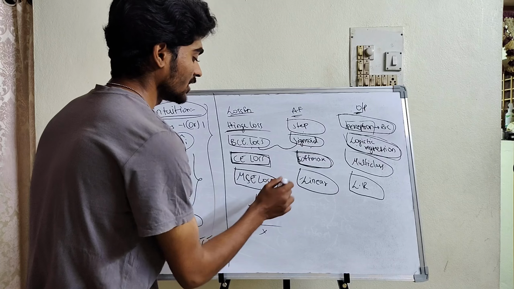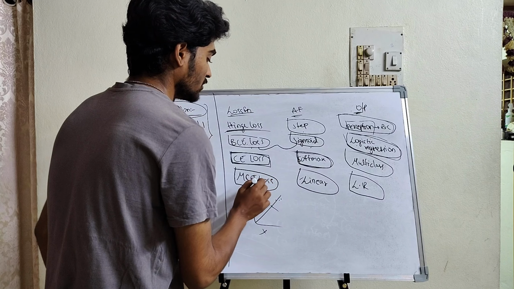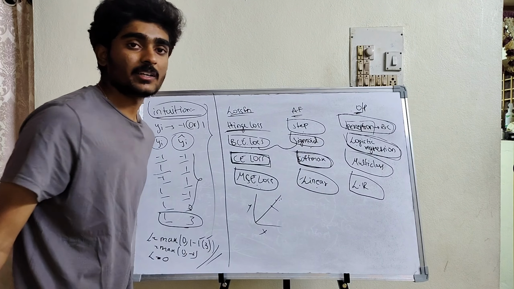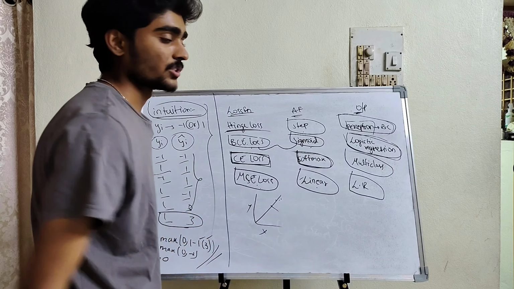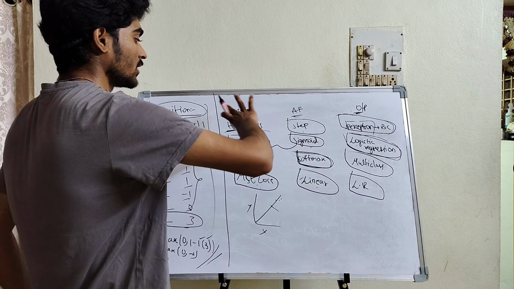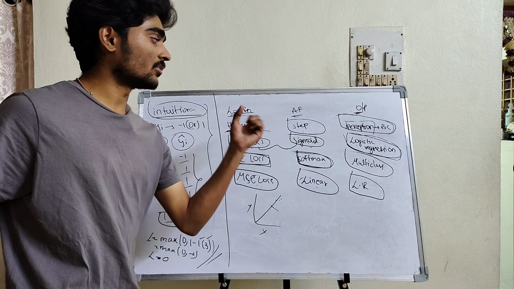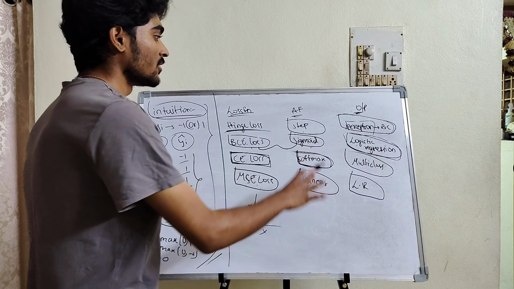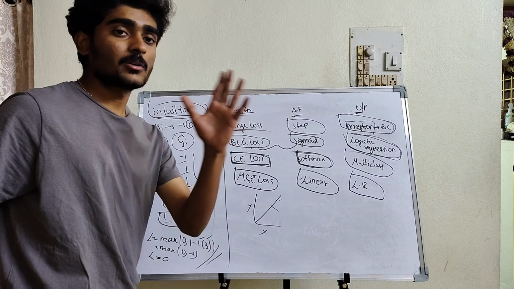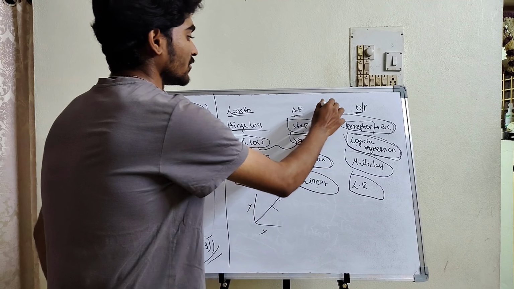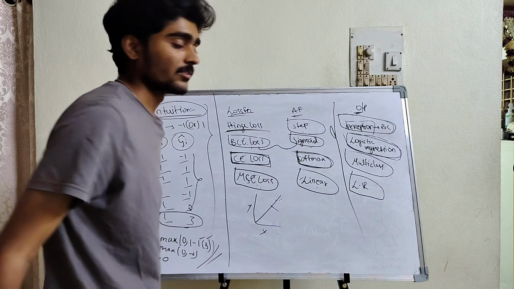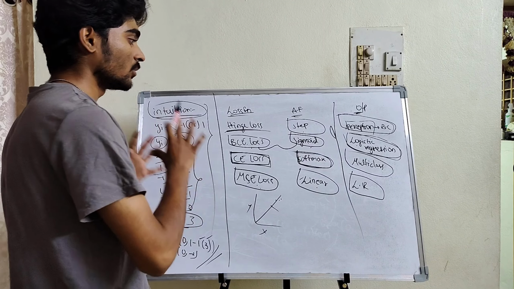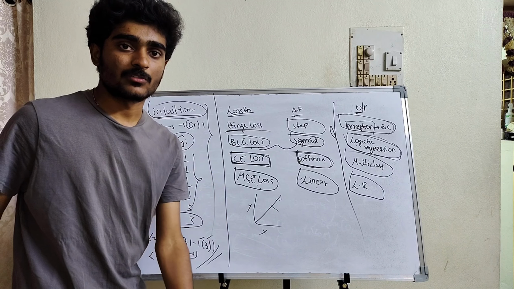In such scenarios we use mean squared error loss with linear activation function. In this way you can alter different loss functions and activation functions in your perceptron model and use it for different cases. This is the whole discussion about perceptron loss functions.